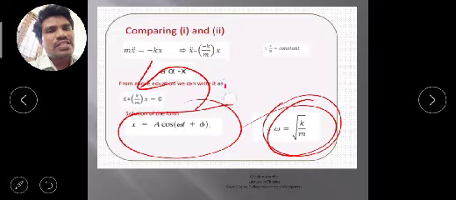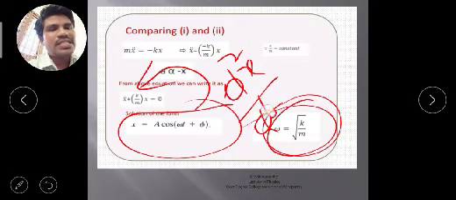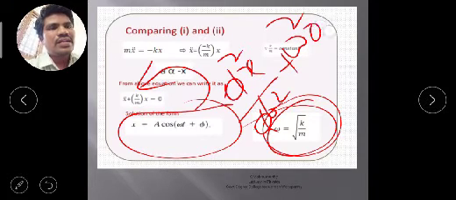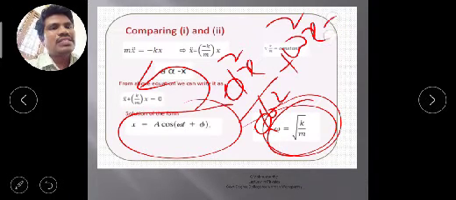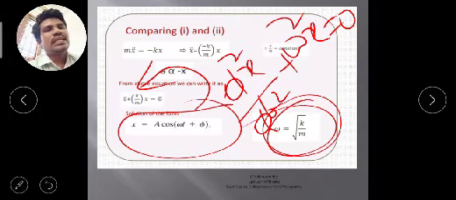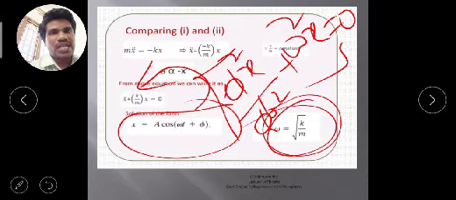Then the equation is d²x/dt² plus omega square x is equal to 0. Then this equation is called the simple harmonic equation.